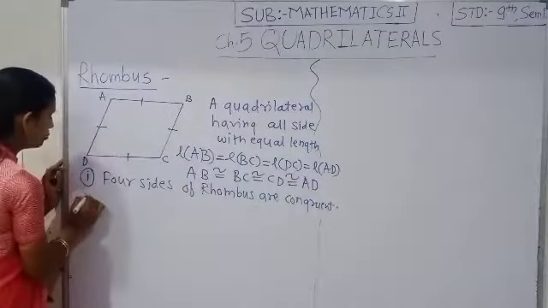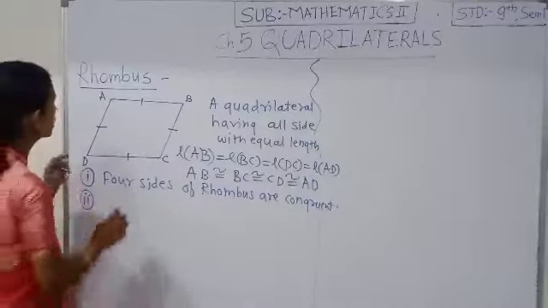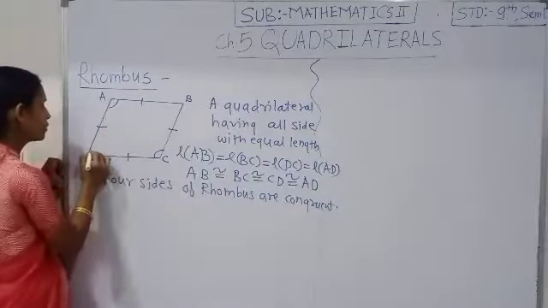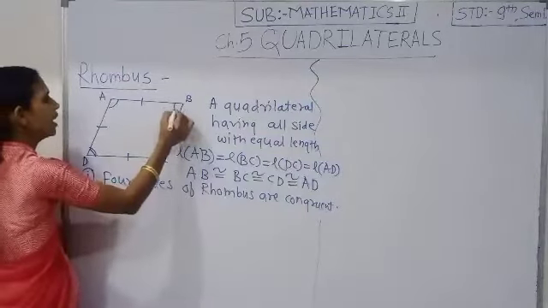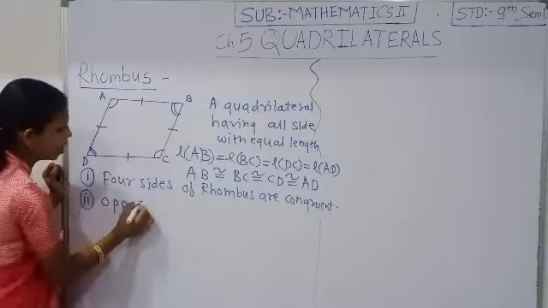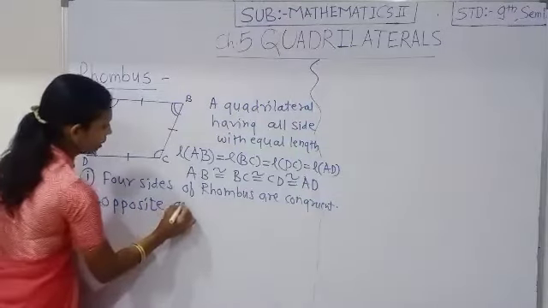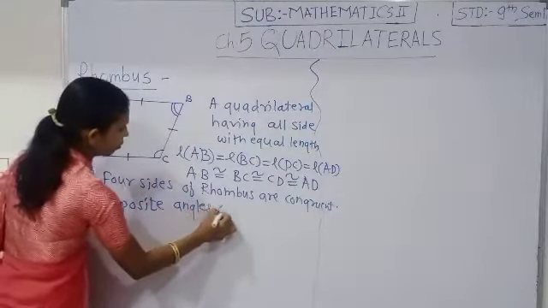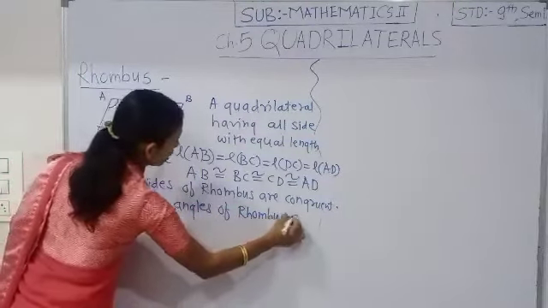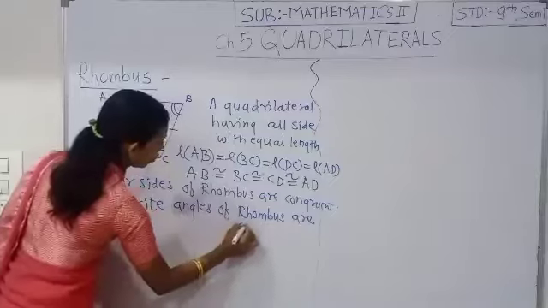One more property is that the opposite angles of a rhombus are congruent.